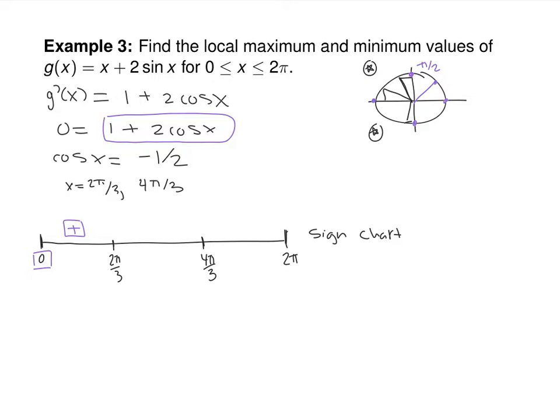What's a good test number between 2 pi thirds and 4 pi thirds? Pi. And when you plug in pi, what's cosine of pi? -1. So that'd be 1 minus 2, which gives you a negative number. Plugging in 2 pi, same as plugging in 0, right?